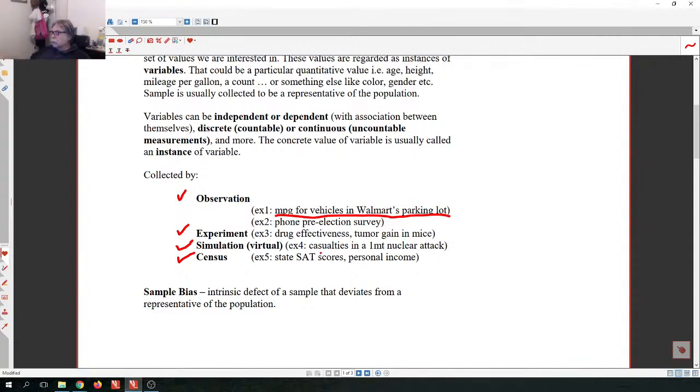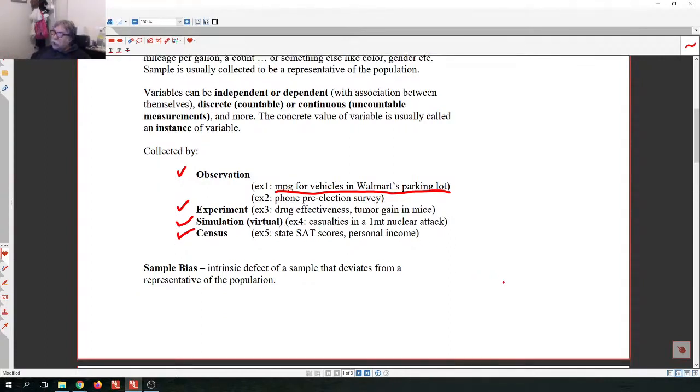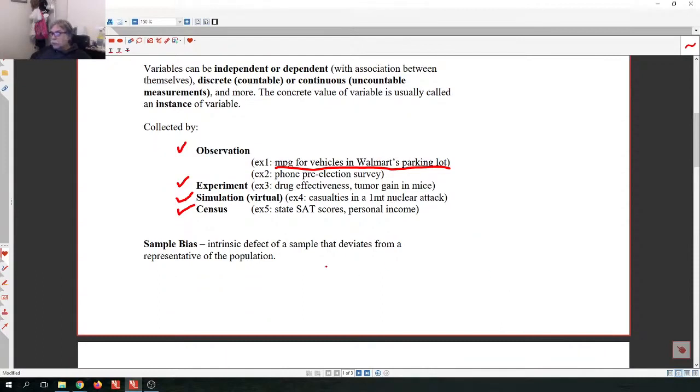Sample is very close to the size of the population. No matter how good your sample is, the sample will always have something we call sample bias. Bias is a defect of a sample that tells you that the sample is not exactly a representative of the population. There is something in that sample that makes it slightly different than what you would expect in a population.